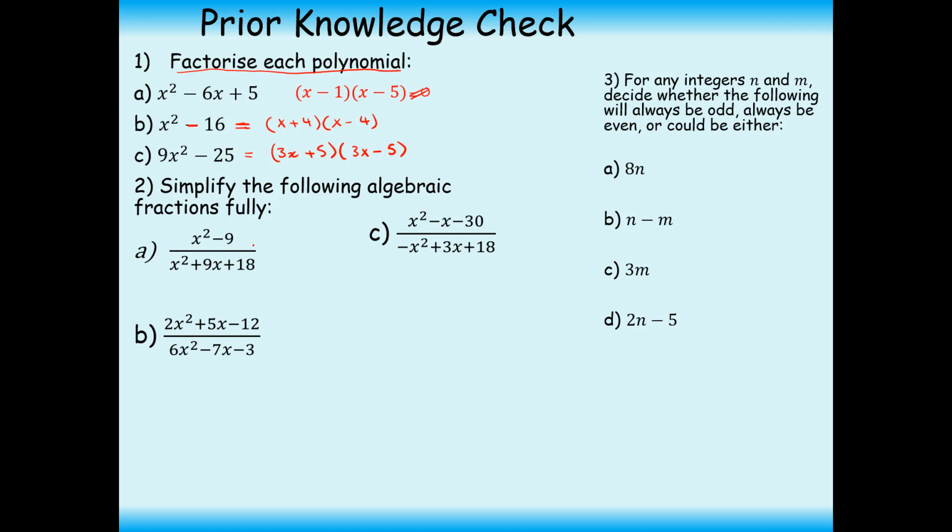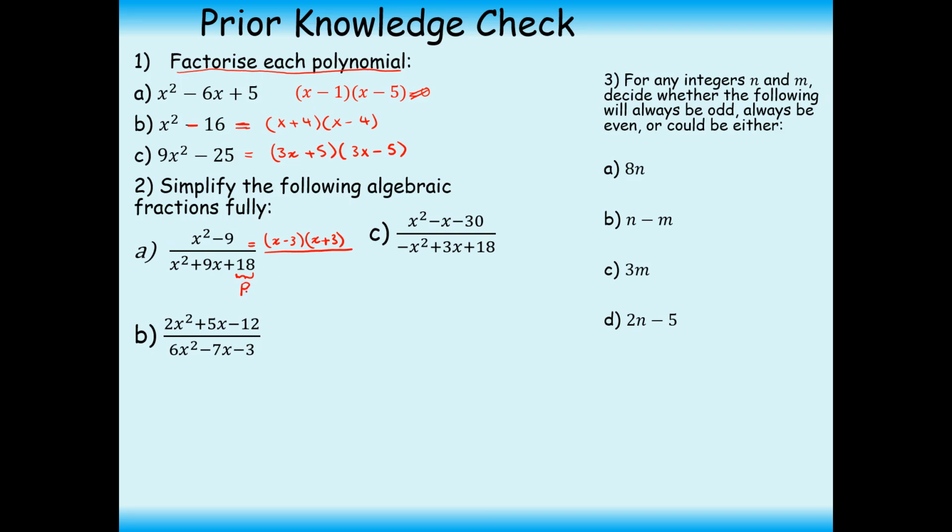Okay, so when we see an algebraic fraction, we can factorize top and bottom separately. So the top will be factorized into x plus 5, x minus 3 and x plus 3. Factorizing the denominator involves looking for factors of 18.